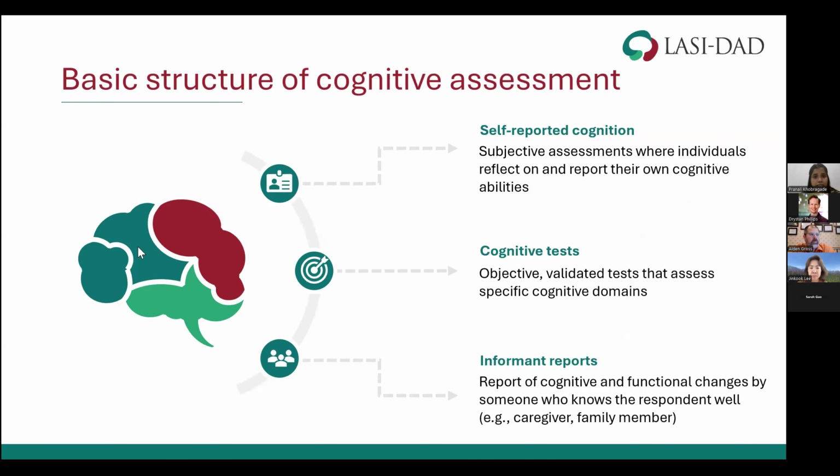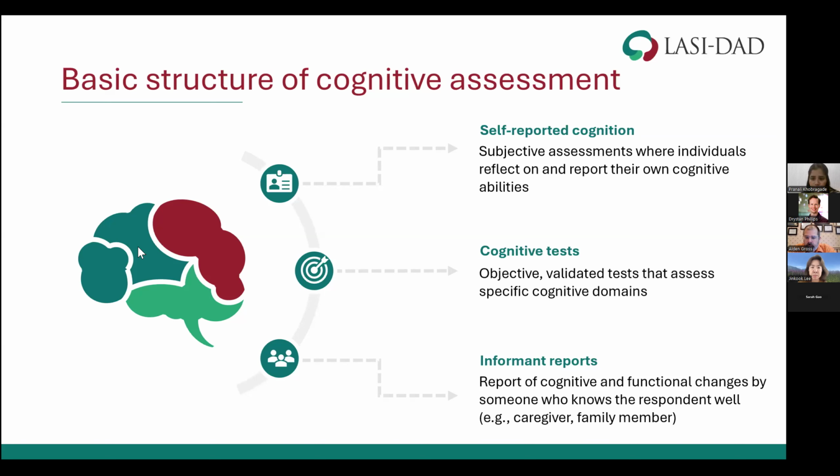This is the basic structure of the cognitive assessment, where we had 3 approaches. One is self-reported cognition, where respondents reflect on and report their own memory and thinking abilities, including how these have changed over the last few years and at present. Then we have performance-based cognitive tests, which enable us to gauge the cognitive capacity of the respondent through objective and validated test performance.